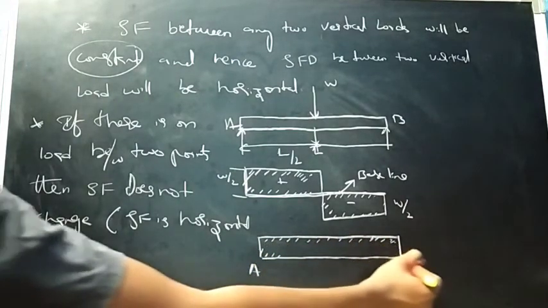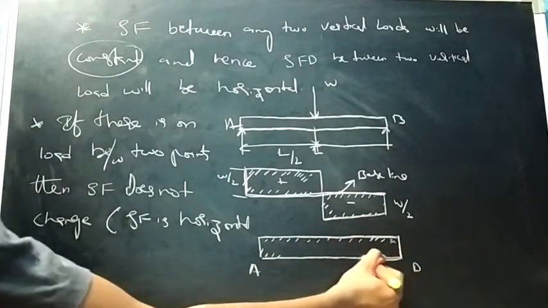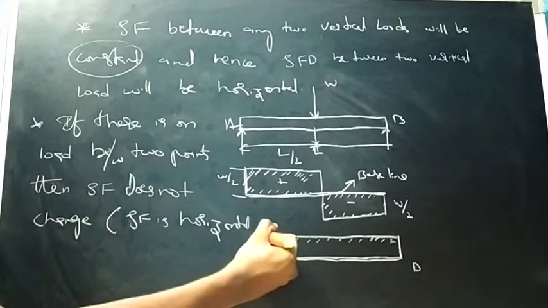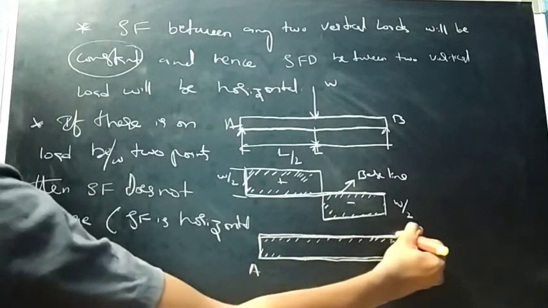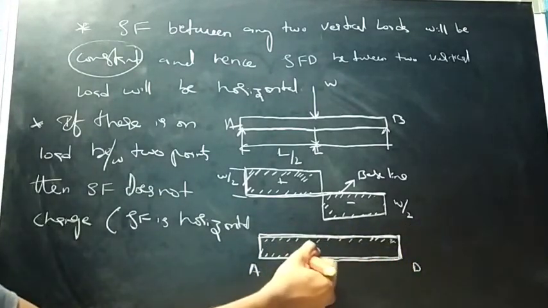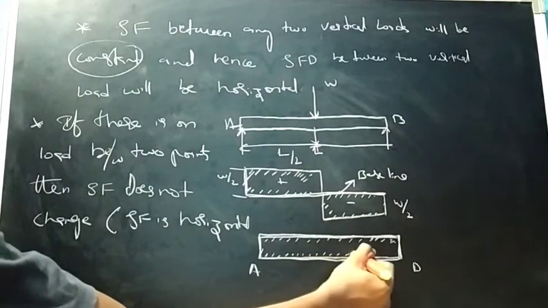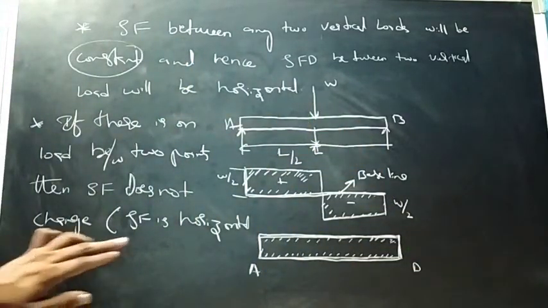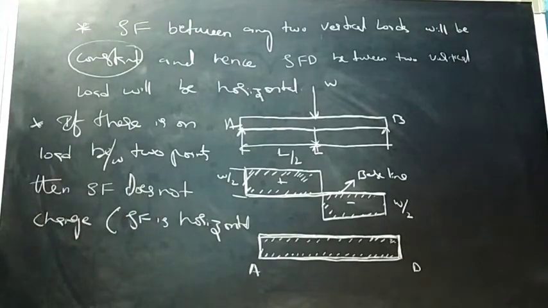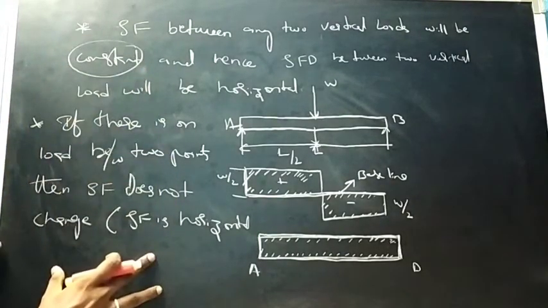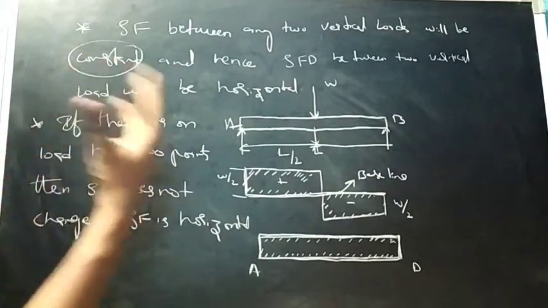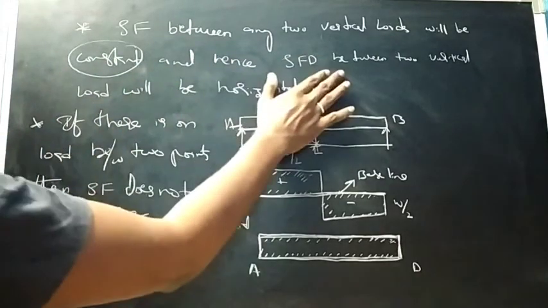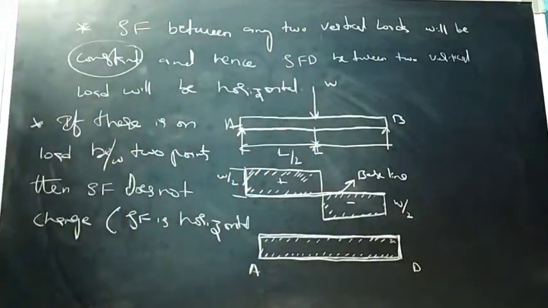Let's say this is A and B. This is the baseline. And this is how it looks like, a rectangle shape, right? So you have to remember some of these points while you are trying to calculate shear force diagram and bending moment diagram.